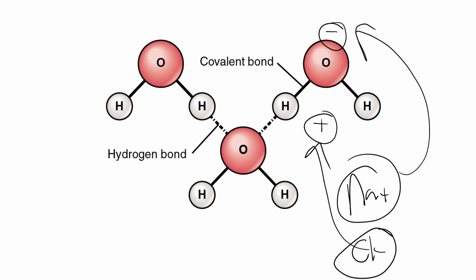So ions are hydrophilic, water-loving, because they can bind and coexist or dissolve in water due to the fact that they're charged. Another way of thinking about this is anything that's charged, whether it's a polar molecule or an ion, is going to be hydrophilic. Right? It's going to be water-loving. It's going to be able to coexist and bind with water.